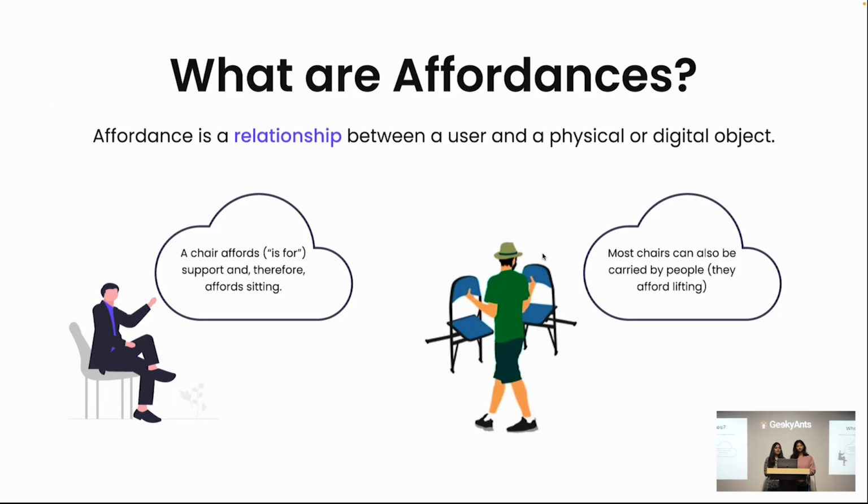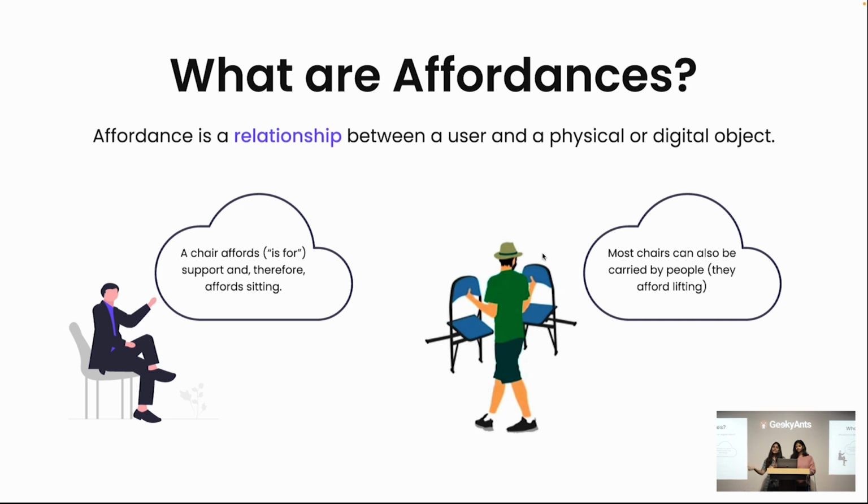So if we summarize, affordance is a relationship between a user and a physical or digital object. If we talk about a physical object, a chair. Right now you are sitting on a chair because you think that it affords support, it affords sitting, right? And for different people, it could also afford lifting.